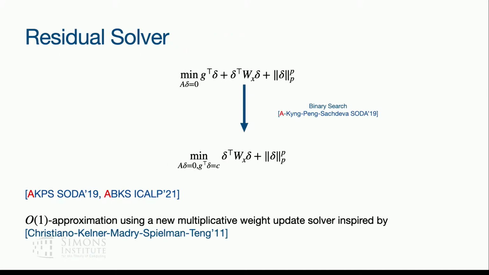Correct. So what we really did was, you have this problem, we converted it to just minimizing the quadratic plus the p term and got rid of the linear term by a binary search. And you can use this fast multiplicative weight update solver to get a constant approximate solution to this problem.